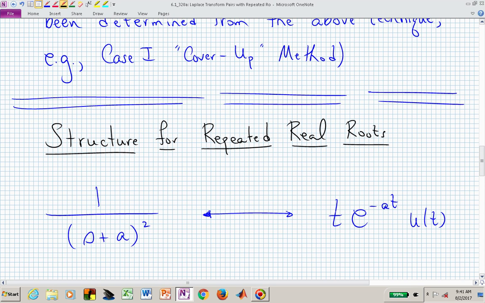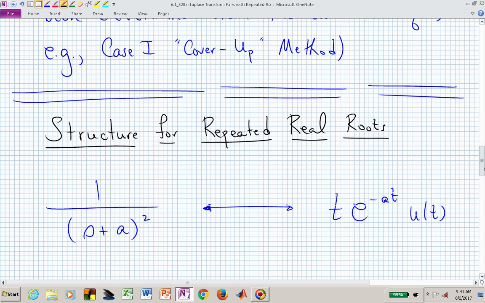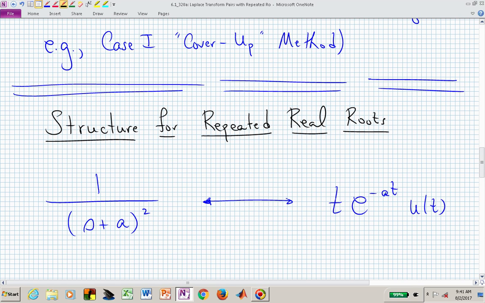If we didn't have that s plus a quantity squared, we would simply have an e to the minus at. But since we're squaring it, that particular time domain expression needs to be linearly independent from e to the minus at, and we can achieve that by sticking a t in front of the earlier e to the minus at.